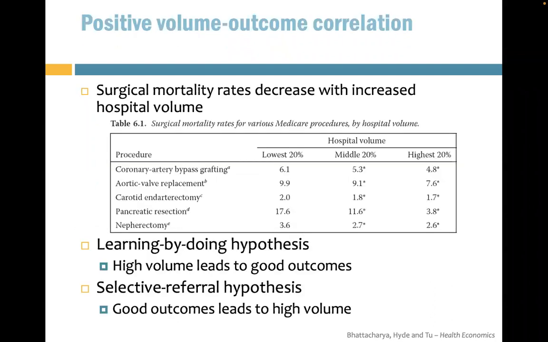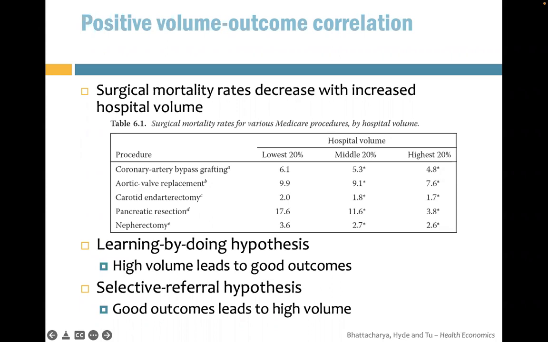Okay. There is a positive volume-outcome correlation between surgical mortality rates and hospital volume. So surgical mortality rates are lower for hospitals with larger volumes. How do we think of that?